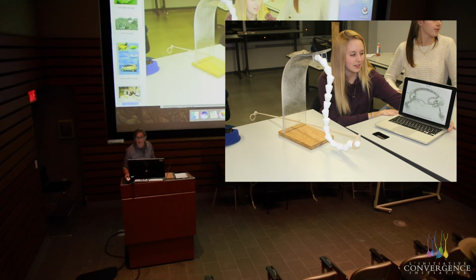So here we have this team. They always do this in teams of 4. This team studied the turtle, and a particular interest of theirs was the neck and how it can go in and out of the shell.